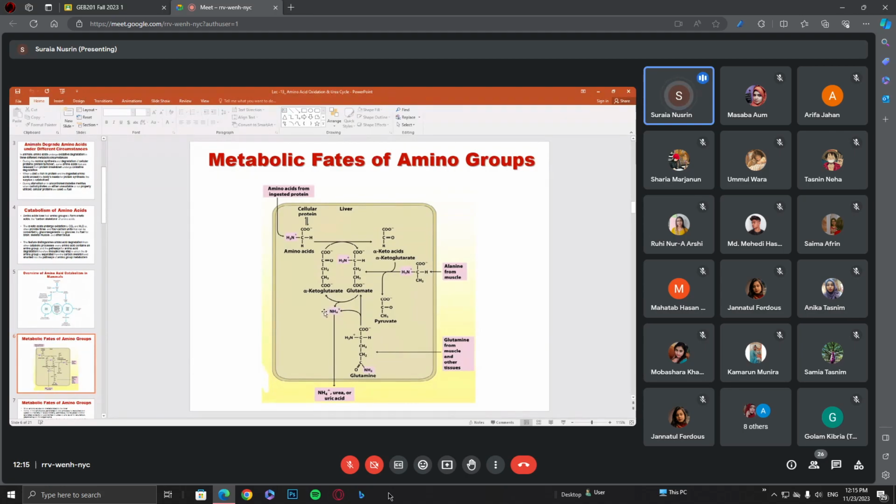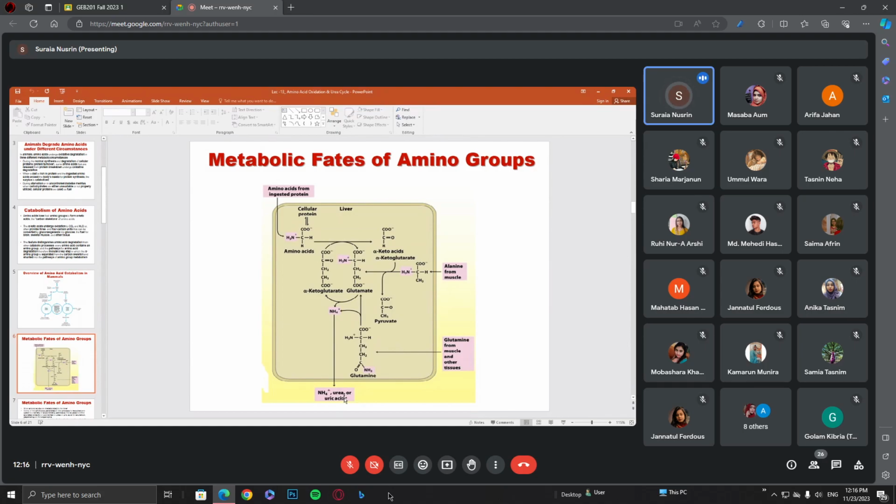Now here the amino group is accumulated or stored within the liver, and the liver catabolizes the amino group, and after the catabolism different nitrogenous waste products are produced depending on the particular animal. It can be ammonia itself, urea, or uric acid, all of which are toxic to the animal.